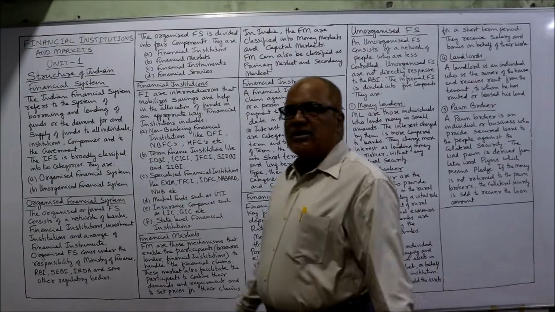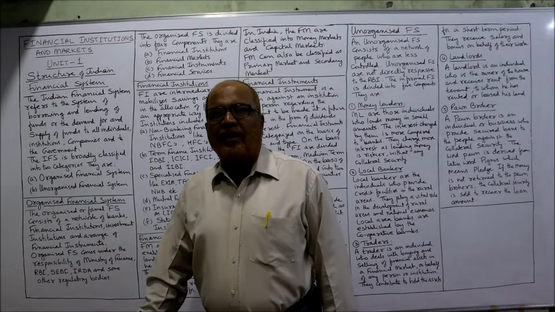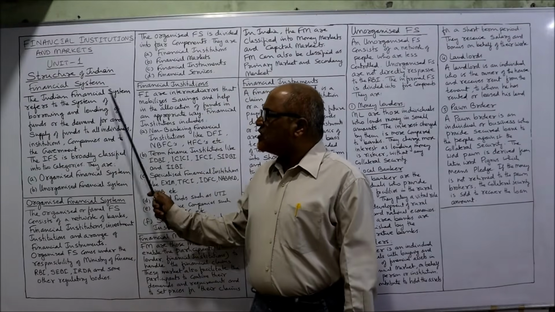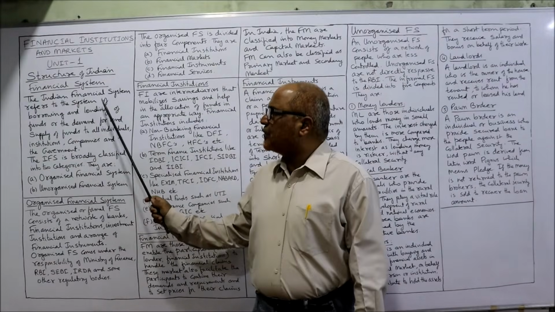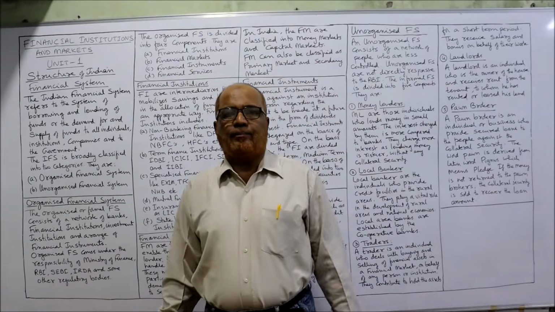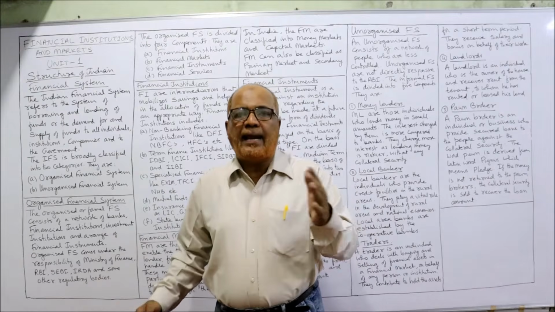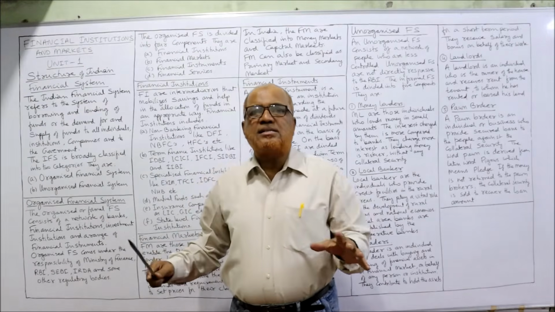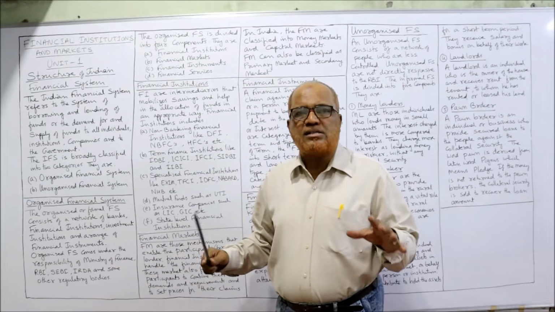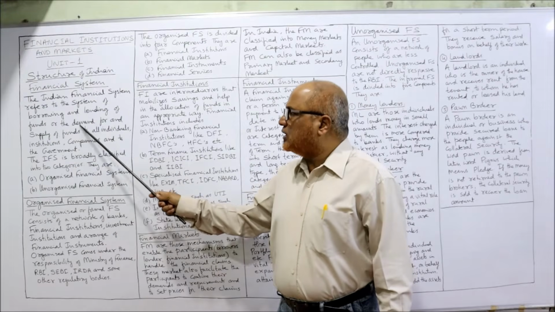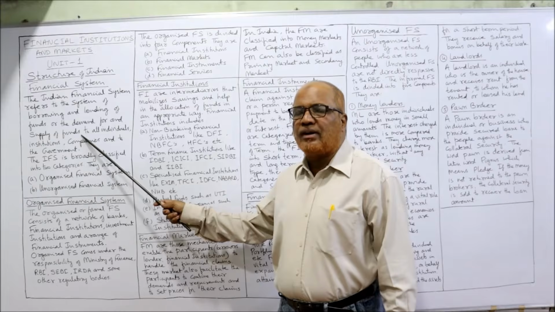Now, the topic in this video is structure of Indian financial system. Now see, the Indian financial system refers to the system of borrowing and lending. That means there are people who borrow and people who lend the money. So it's a system of borrowing and lending of funds, or the demand for and supply of funds.